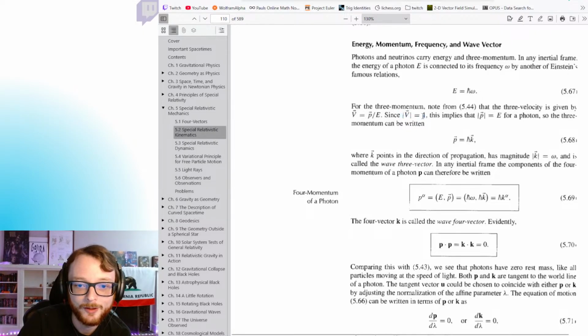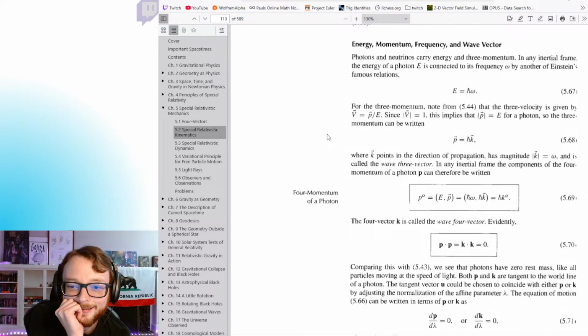That should be C if C didn't equal 1. Yeah. The 3 momentum.